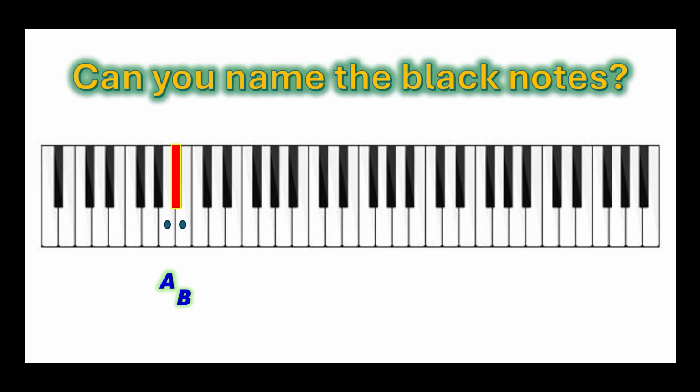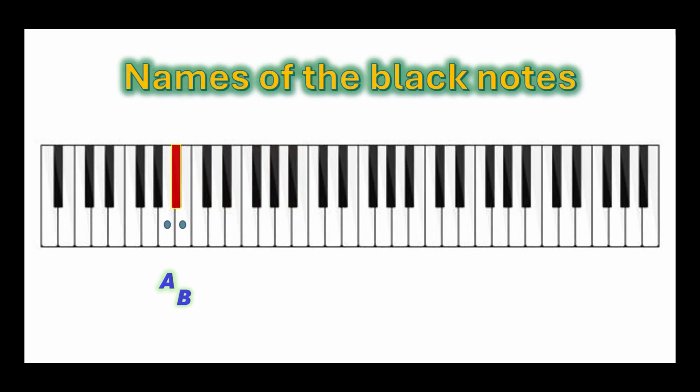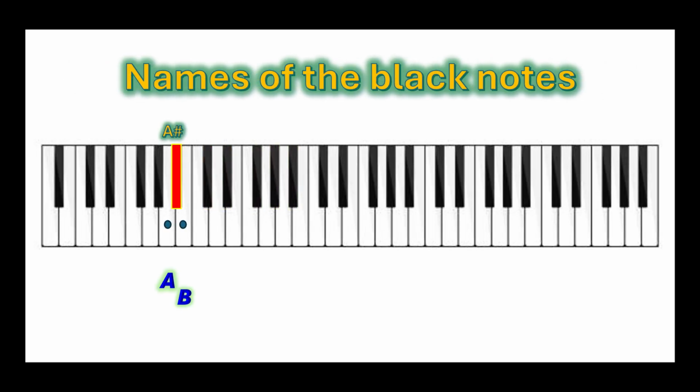So why not have a go and see if you can name all of the black notes? Start off by calling them something sharp. The one that's just above A is A sharp. What's the one just above C and the one just above D? Can you work out their names?